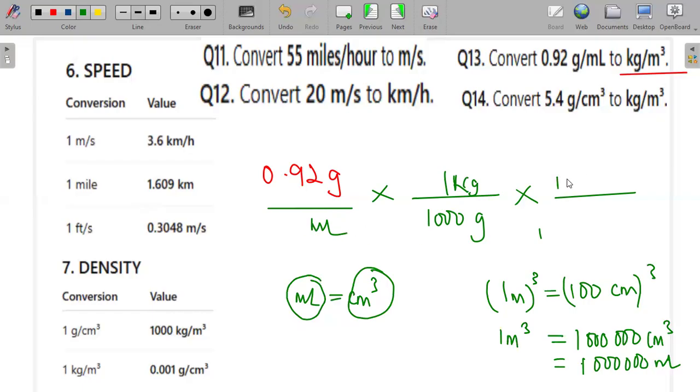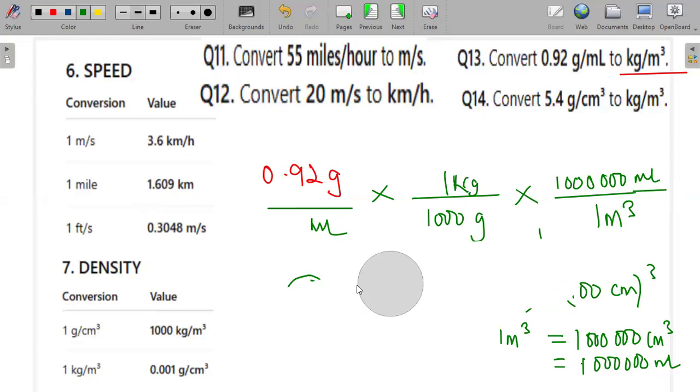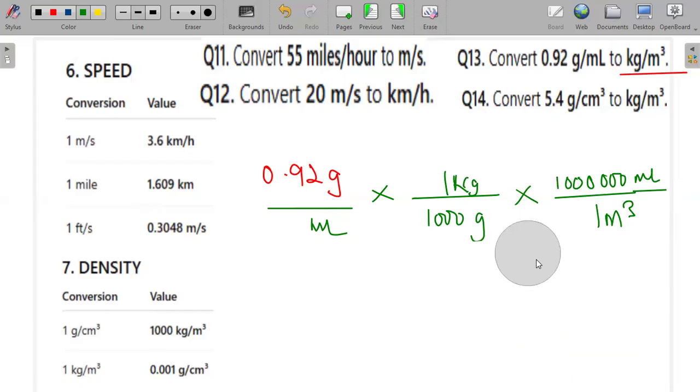So I'm just going to say 1 million here, and this will be milliliters over 1 cubic meter. From there, I can cancel out the common things. The gram and the gram cancel.